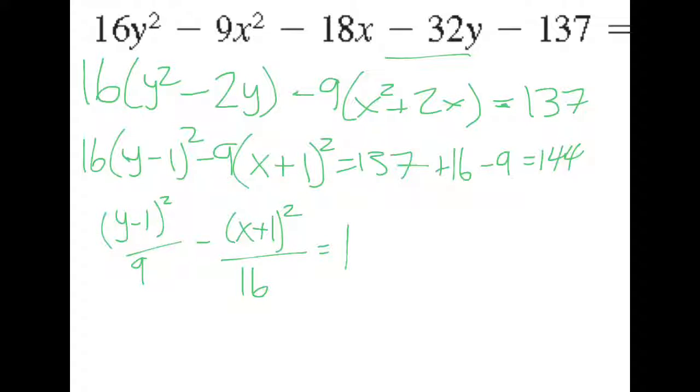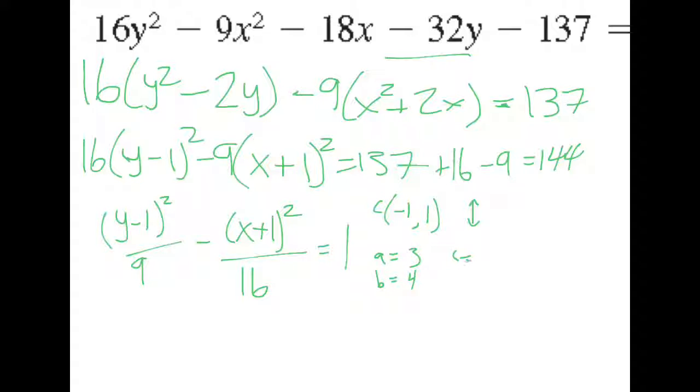What does this tell us? Well, again, it tells us a bunch of things. It tells us our center is going to be negative 1, positive 1. X value, the plus 1 becomes negative 1. Y value, the minus 1 becomes positive 1. They're flipping signs. And then what else do we know? Well, since y is positive, this will be opening up and down, which means that A is 3, the square root of 9, and B is 4, the square root of 16.